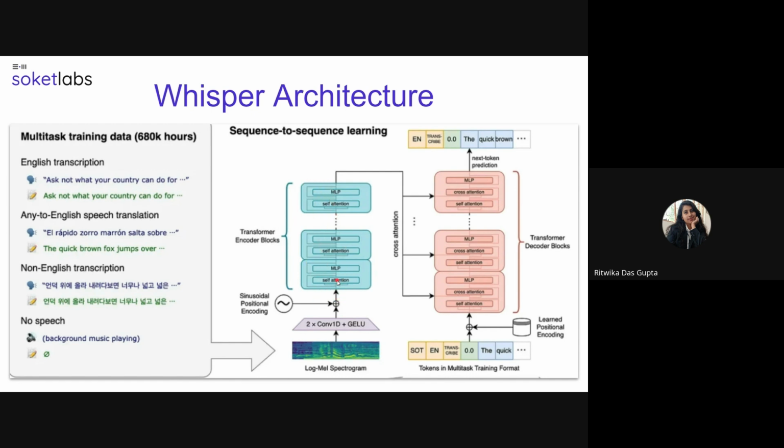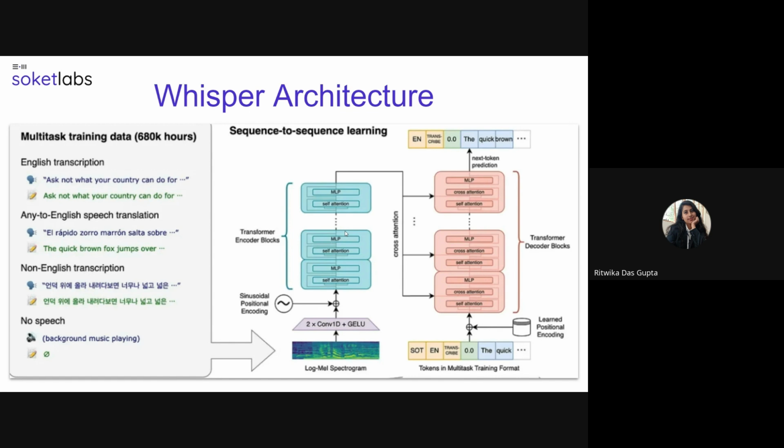So the encoders generally consist of self attention layers, and in the decoder we have cross attention layers. The difference between self and cross attention is that in the self attention layer we directly use the query vector, the key vector, as well as the value vector from the encoder itself.